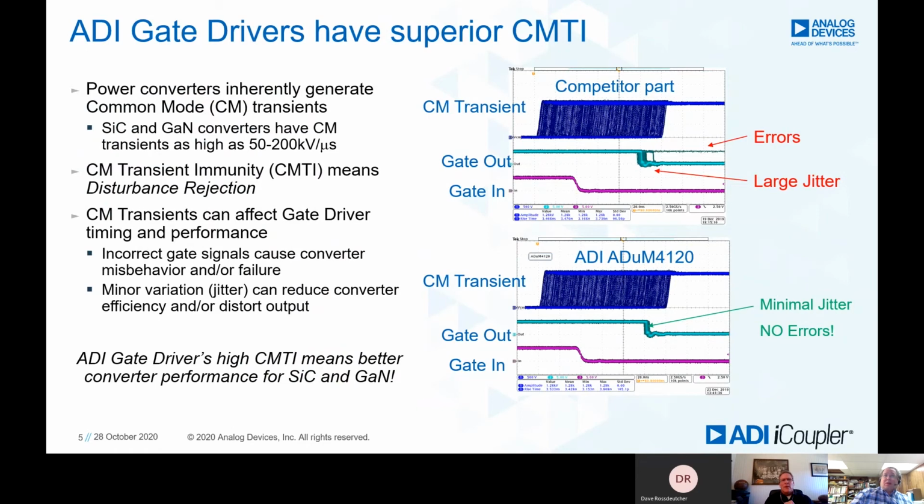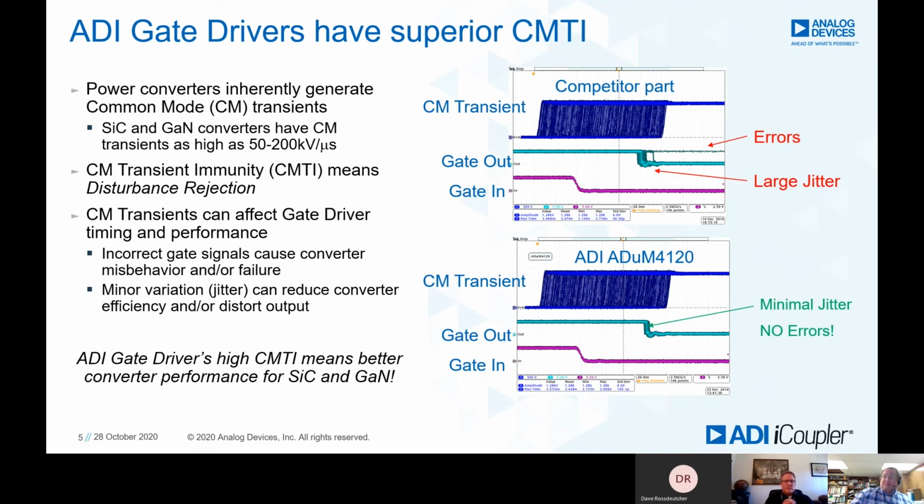So we recommend at least 100 kilovolts per microsecond, if not more. And here you can see a transient on our 4120 with no or minimal jitter and very little error, and a similar competitor's part having some problems.